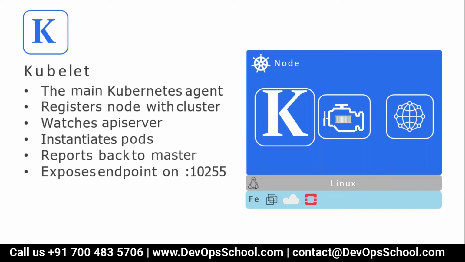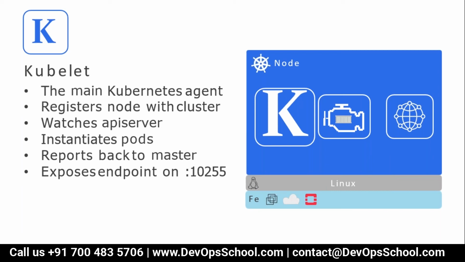The Kubelet itself helps you register a node with a cluster. Remember, minions look for masters. Kubelet is your minion. Kubelet looks for the master and requests to become a slave to the master. Kubelet registers a node with a cluster.